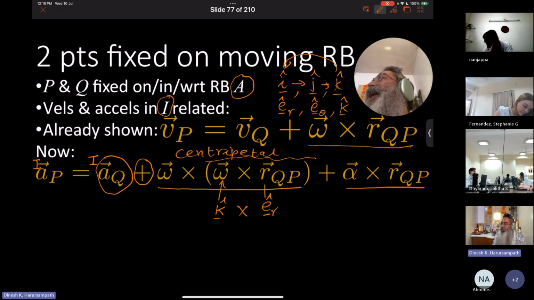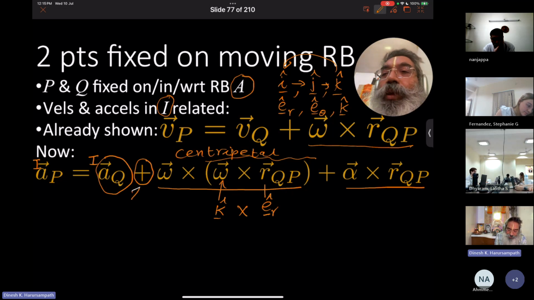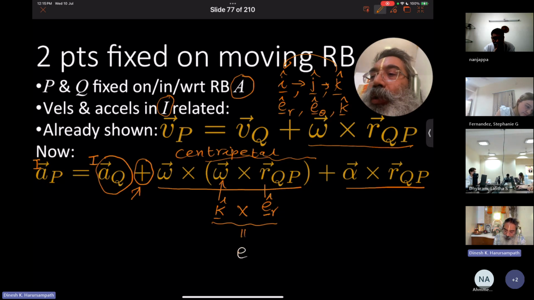Of course, these are magnitudes. I'm just skipping that just to show you why that positive sign instead of negative over here, right? So now you see that you're multiplying K with ER through a cross product, and therefore it is in the cyclic nature, and therefore this should give you an E theta, right? So this should be equal to E theta hat.